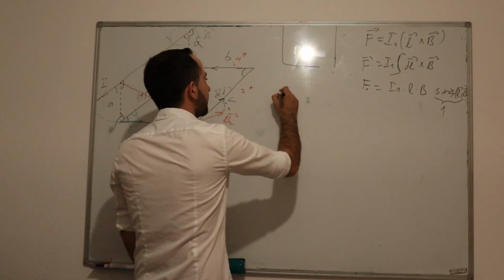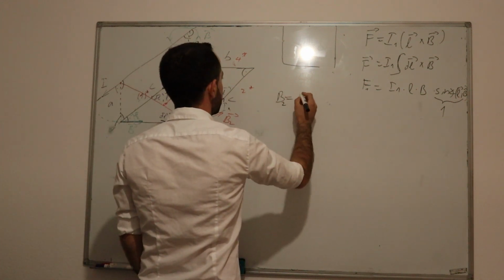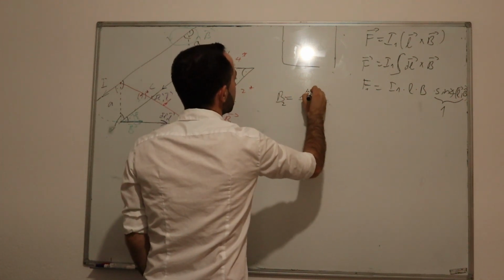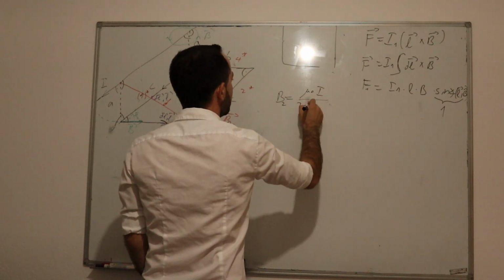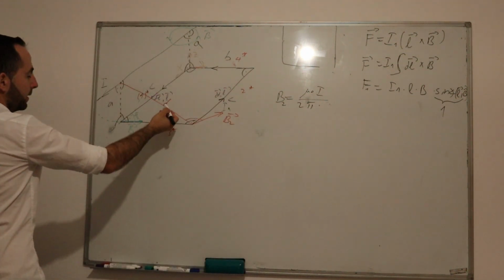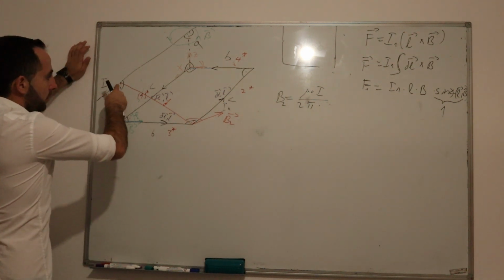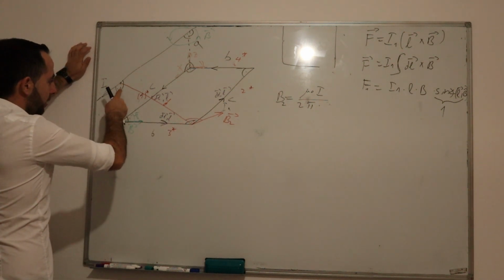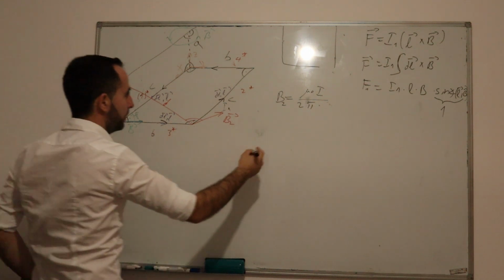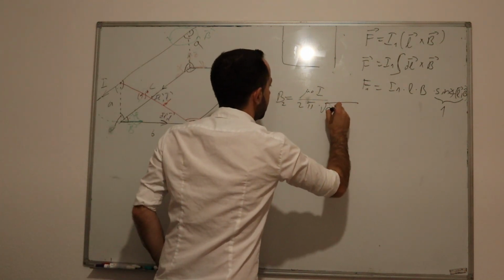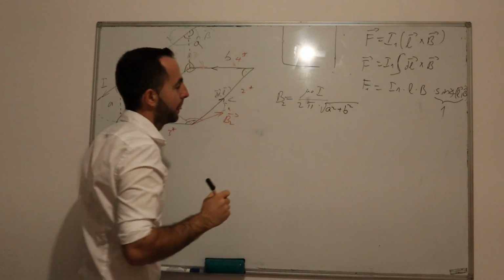So our magnetic flux density in this case, which is the second, is μ0 I over 2 pi times the distance. But here we have a right triangle, and D is the hypotenuse of this right triangle with catheti A and B, which means this is the square root of A squared plus B squared.